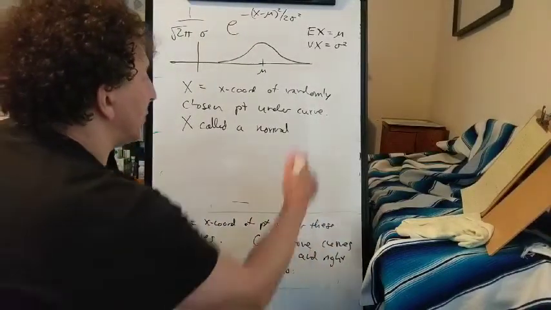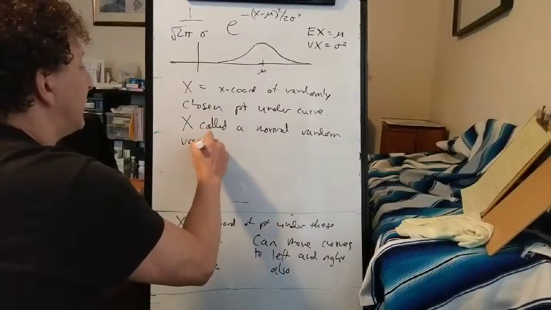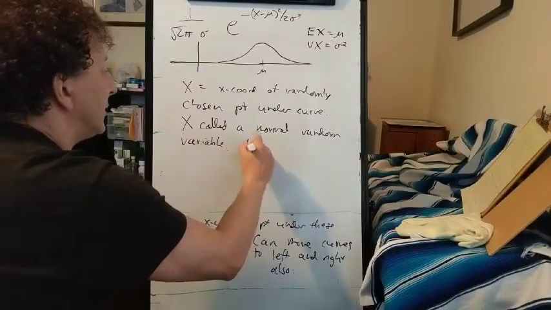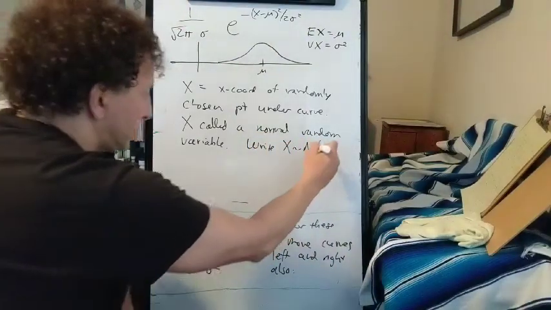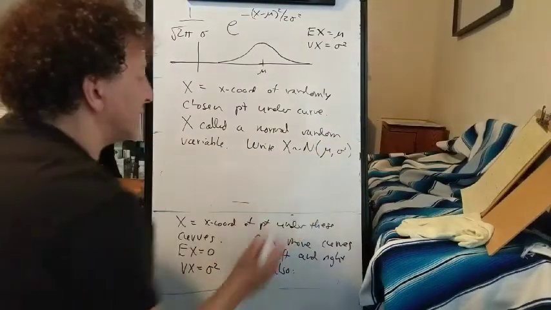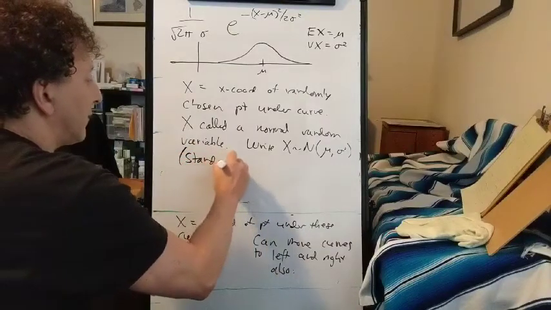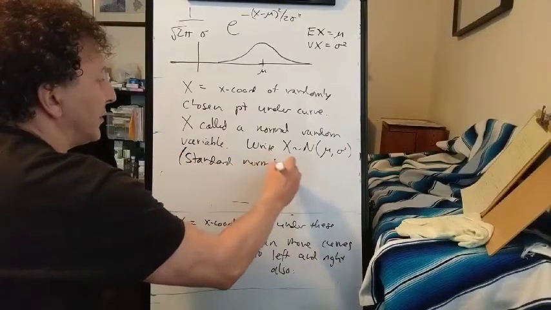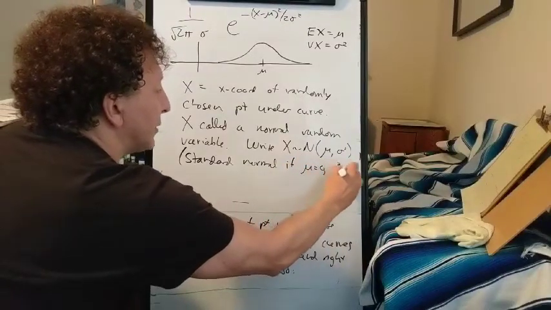And we write x is normal with mean mu and variance sigma squared. So it's standard normal if mu equals 0 and sigma squared equals 1.